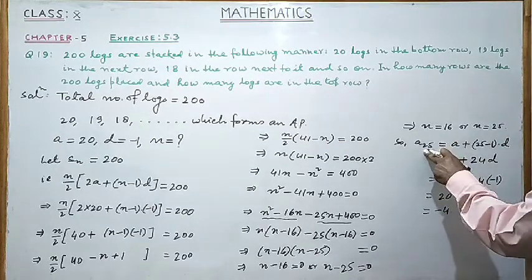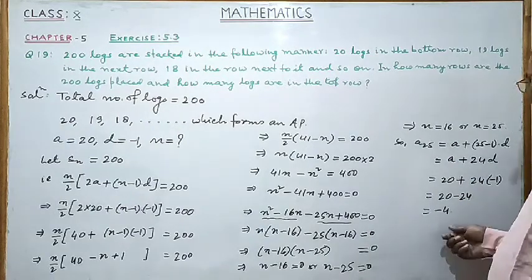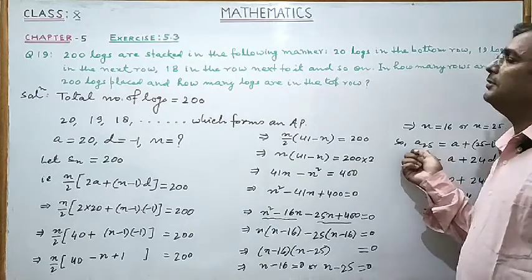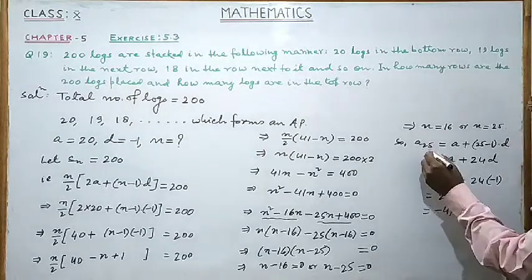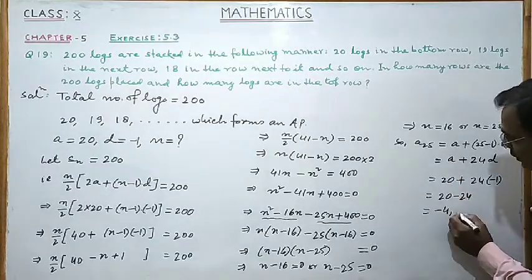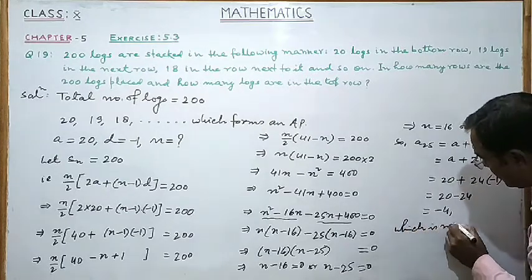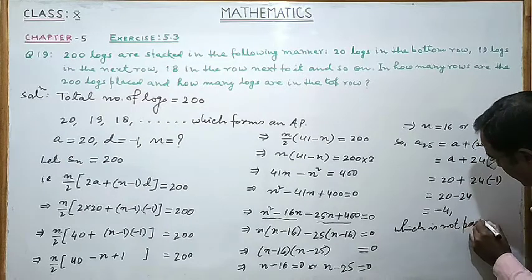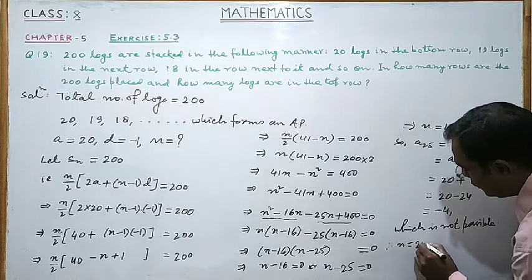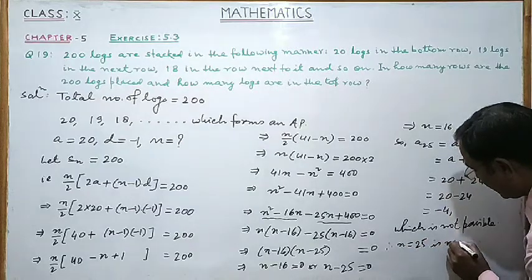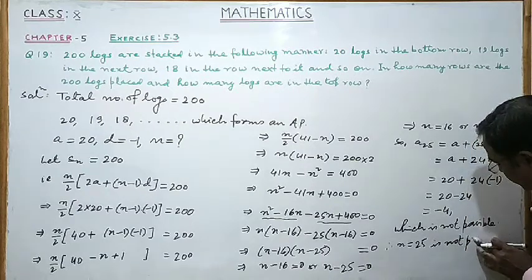Number of logs in the 25th row is minus 4, which is not possible because the number of logs in the 25th row must always be positive. Therefore, n equal to 25 is not permissible here.